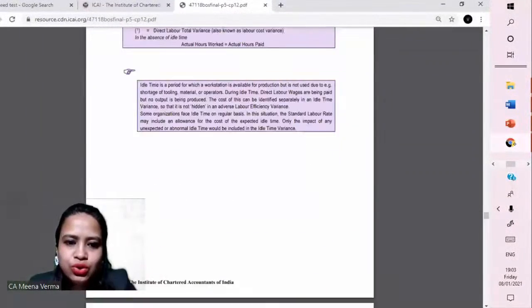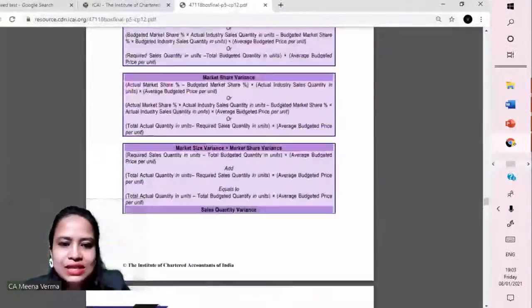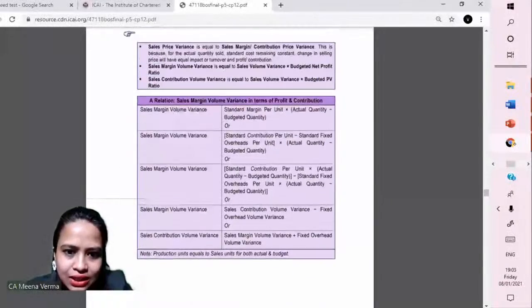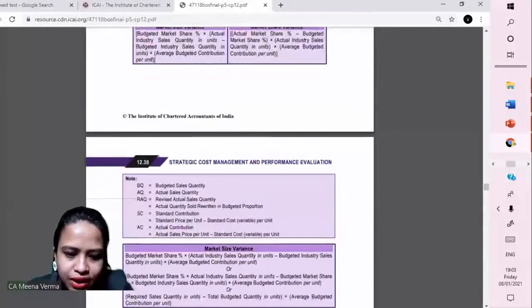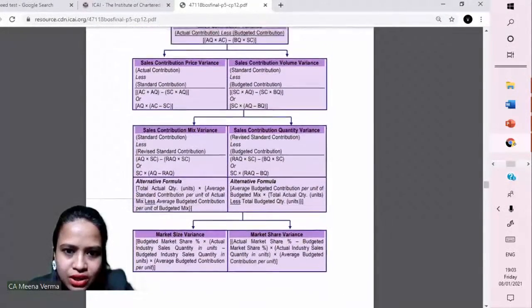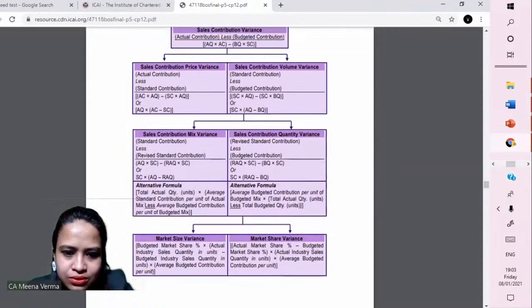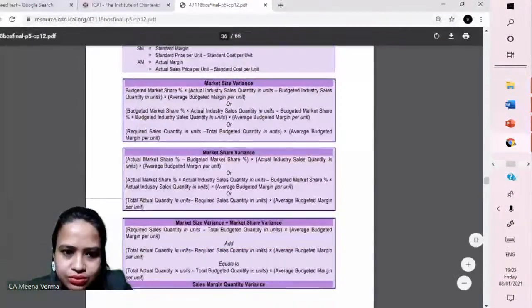Now let me show you the formula for finding the planning and operational variance in case of sale. I hope I have the formula. Yes, this is the formula. In front of your screen, you can see here. Wait, not here.